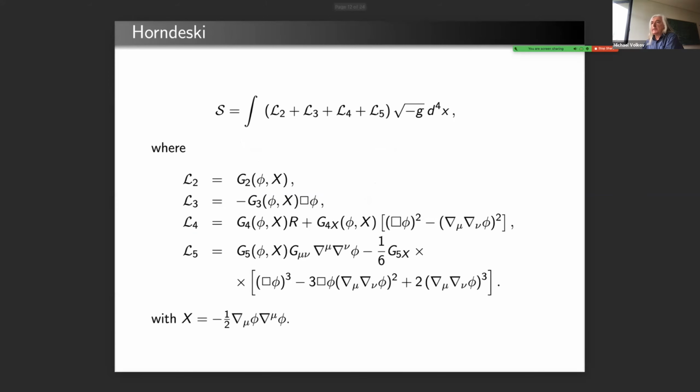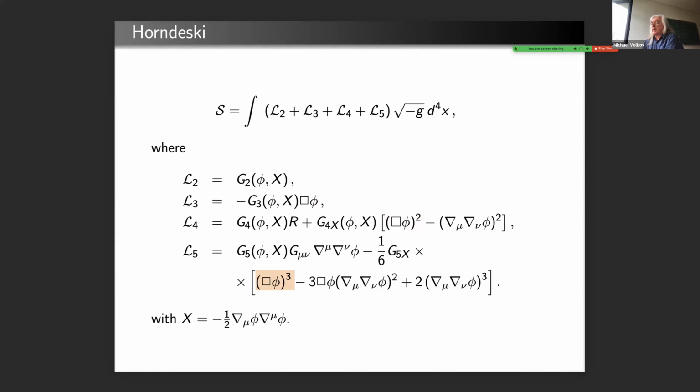General Horndeski theory, as was explained by Karim, is defined by the following Lagrangian, and this Lagrangian contains second derivatives, squares of the second derivatives, and then cubes, third powers of the second derivatives of the scalar field.